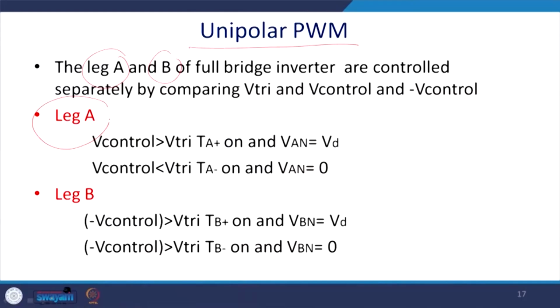And in this case the logic for leg A is, if V control is greater than V tri, TA plus is on and VAN is equal to VD, and if V control is less than V tri, TA minus is on and VAN is equal to 0.